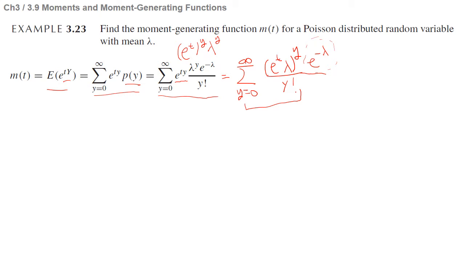The first is to use the fact that the probabilities of a Poisson distribution sum to 1, and the other way is using the Taylor expansion of e to the x, which is the sum from y equals 0 to infinity of x to the y over y factorial.